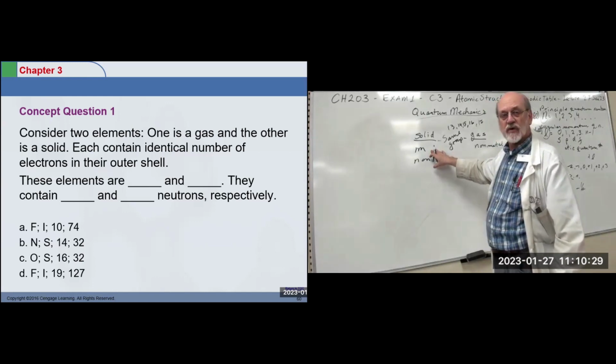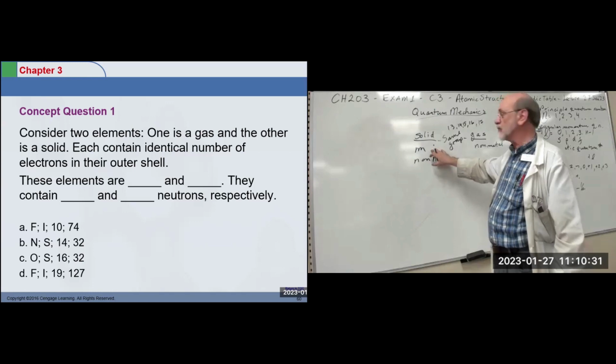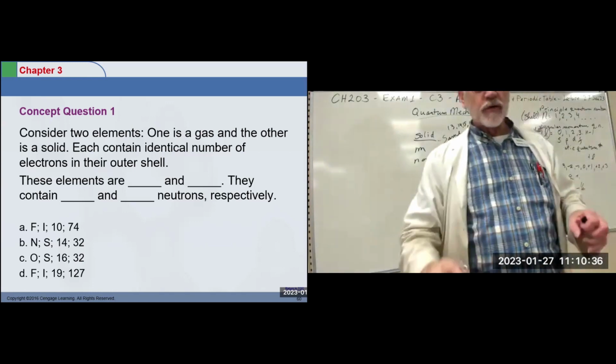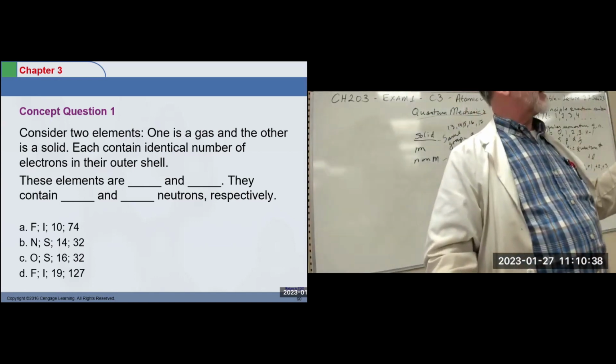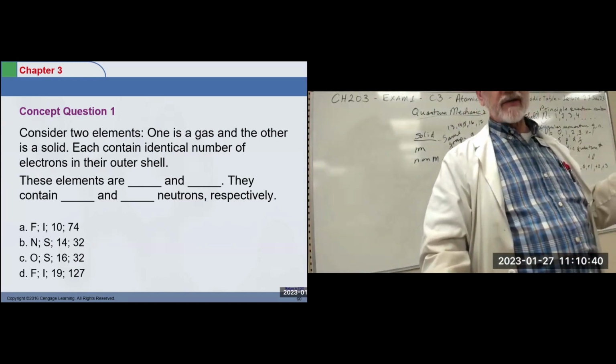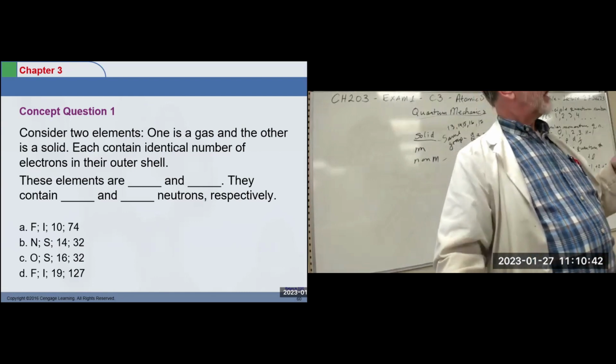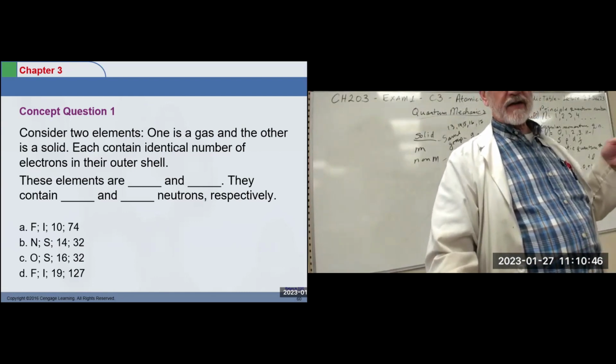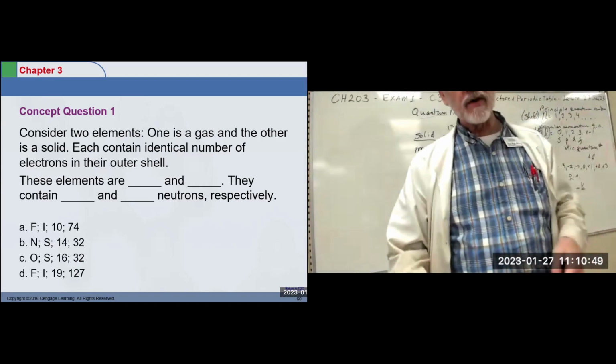I imposed metal, non-metal on it. They could both be non-metals. That's possible. So fluorine is a gas and the iodine is a solid. A is possible. Nitrogen is a gas, sulfur is a solid. Oxygen is a gas, sulfur is a solid. So it could be any one of those.